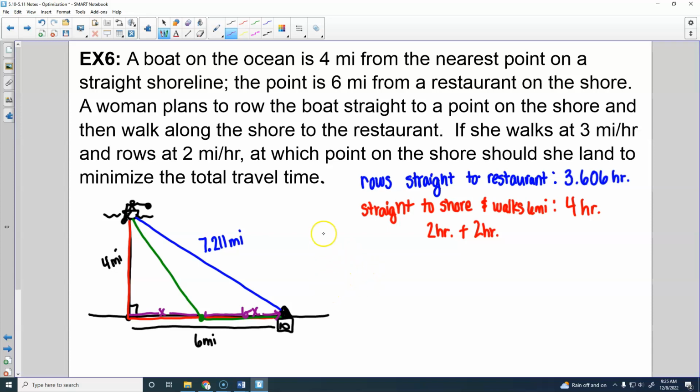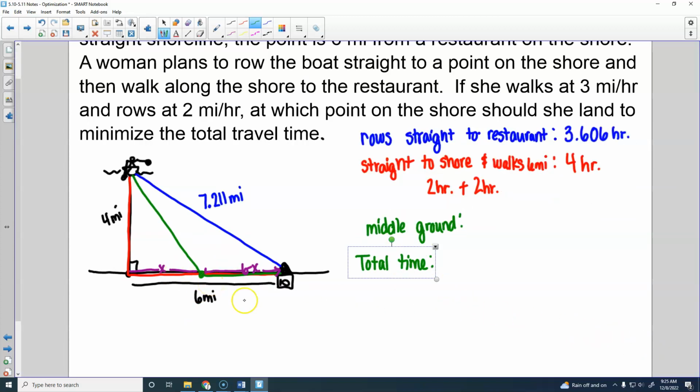So our equation for time, I'm just going to call this the middle ground scenario. So our total time equation, I'm going to go ahead and do the walking part first. It's easiest, right? The distance that she's going to walk is going to be 6 minus X. And what would we have to do to get the time that would take?